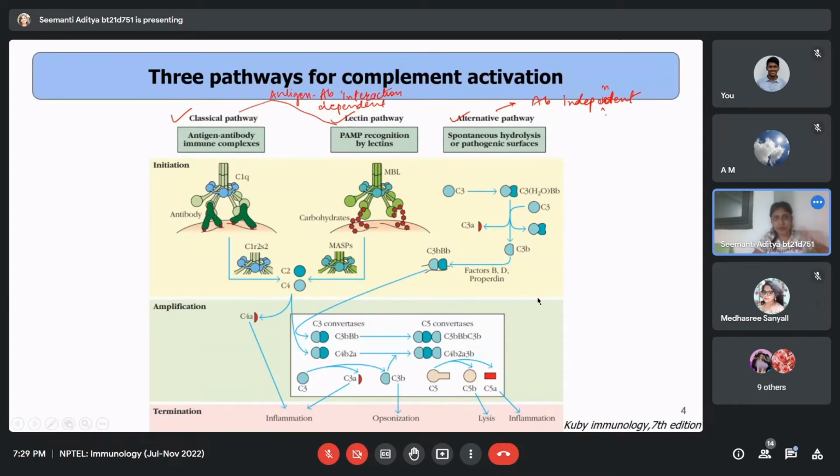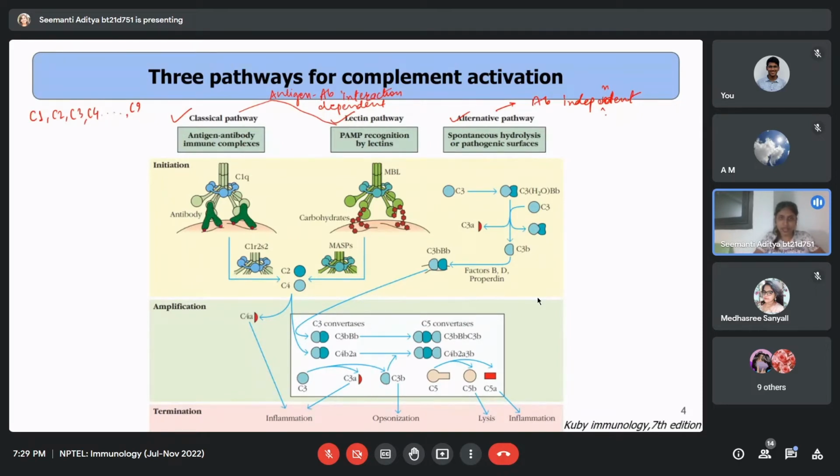So let us go through briefly what each of these pathways is and how it activates the complement proteins. As I said, complement proteins are C1, C2, C3, C4 and go on to C9. So what happens in the classical pathway?